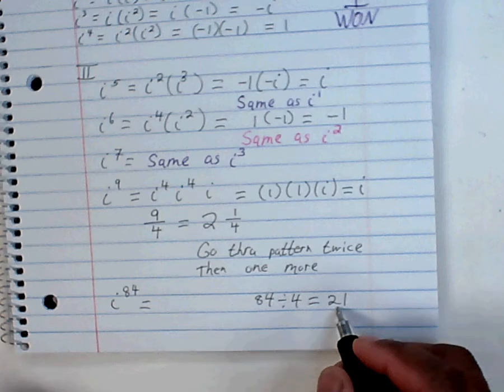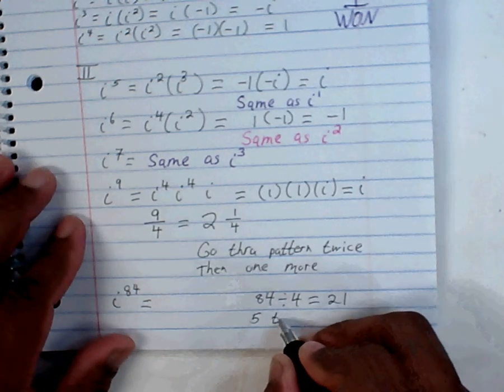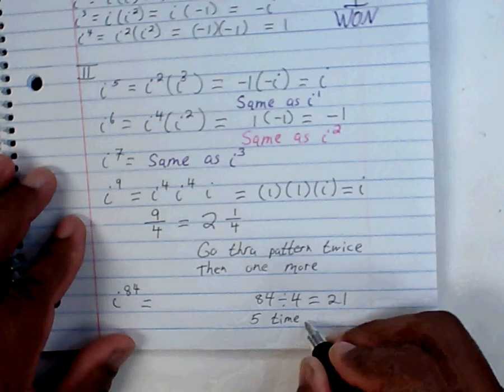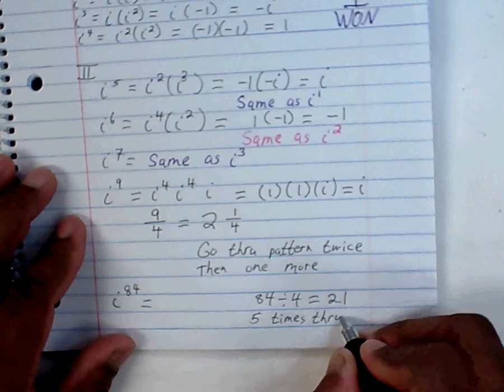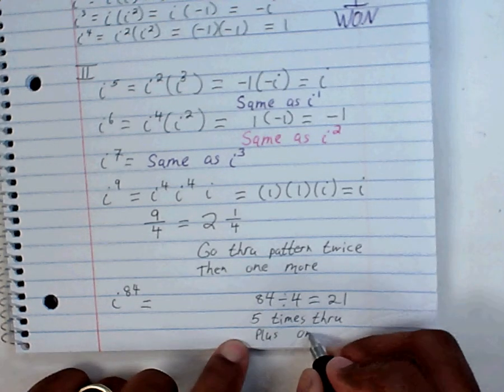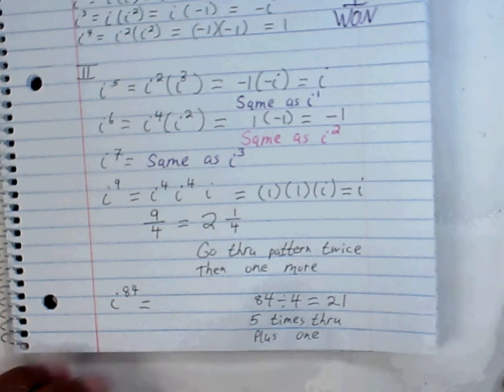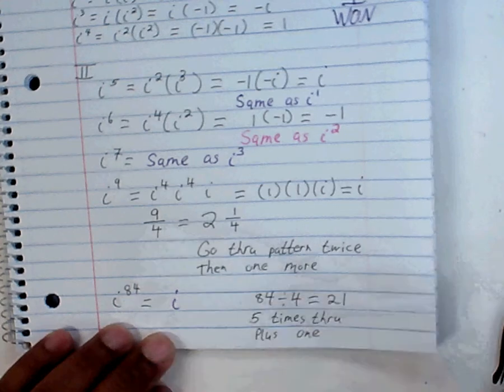I'll be going through the pattern 5 times completely. So 5 times through, and then plus 1. And so that plus 1 then would mean that i to the 84th would equal i.